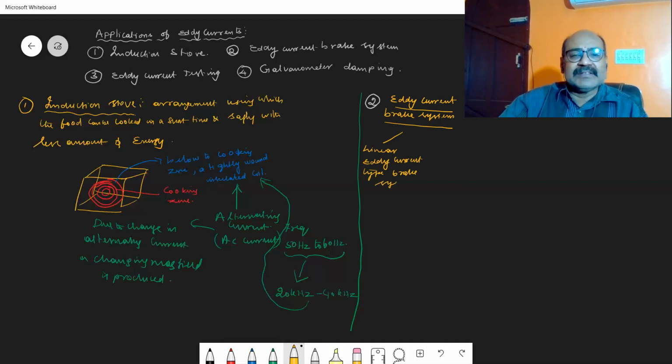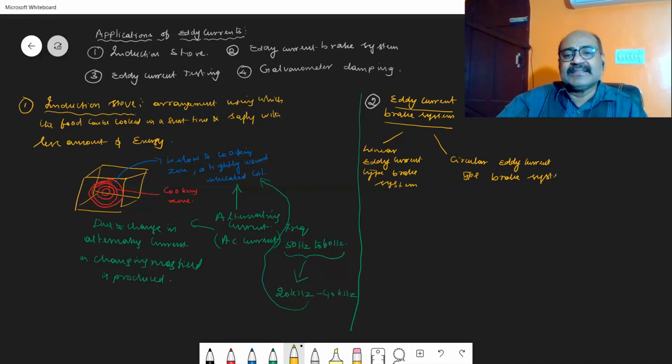Okay, what is the next one? The second method is circular, the circular eddy current type brake system. What is the difference and where are they applied?